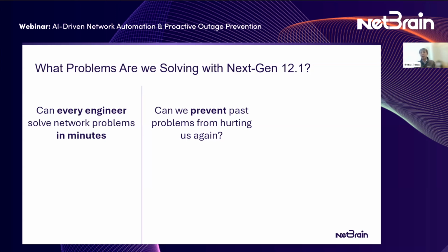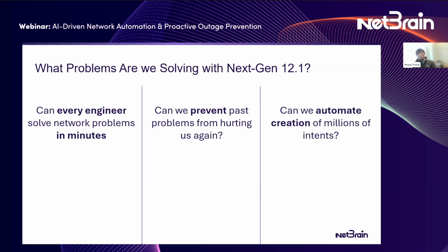Number three, can we further automate the creation of millions of intents relevant to a particular network, to create that wealth of intelligence within the platform, to be used to solve problems and for preventive automation?